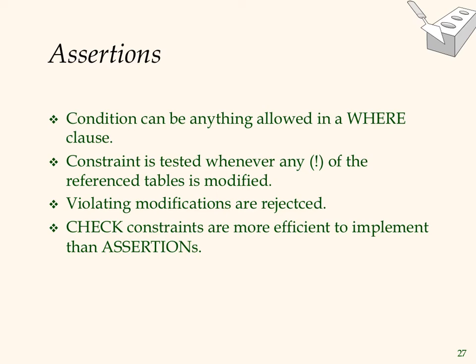Now, you can already see that assertions are going to be more difficult to implement. Check constraints associated with a single table are more local, so you know that they only need to be checked when that particular table is modified. So if I have a check constraint on sailors and I change the boats table, I know I can ignore the check constraints. Assertions are trickier that way.